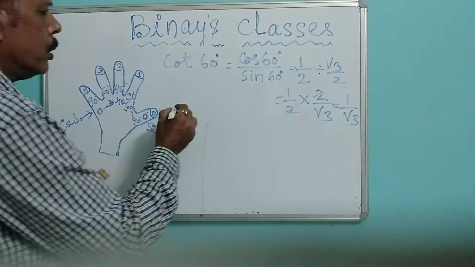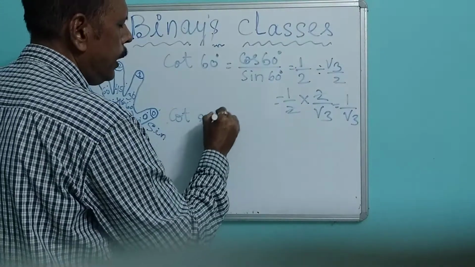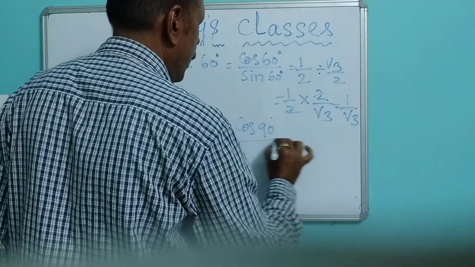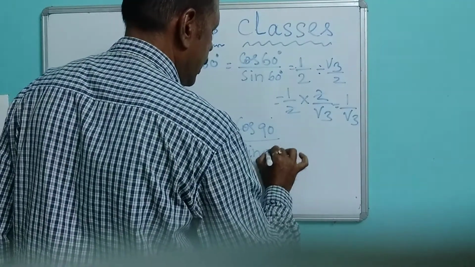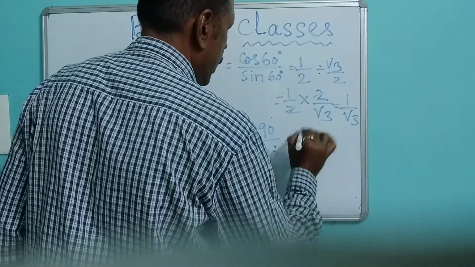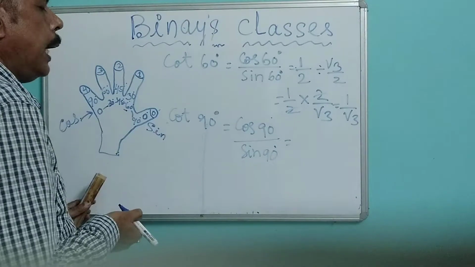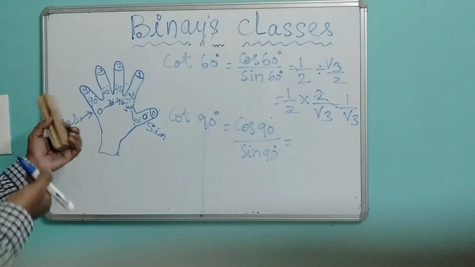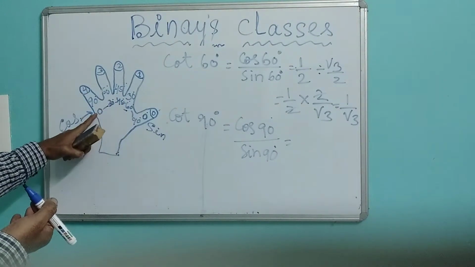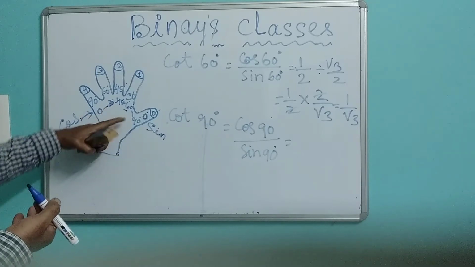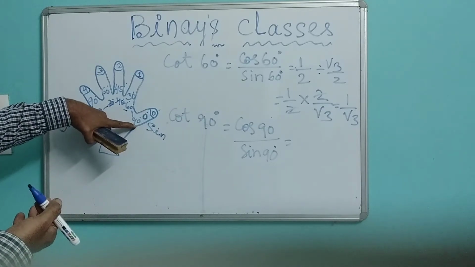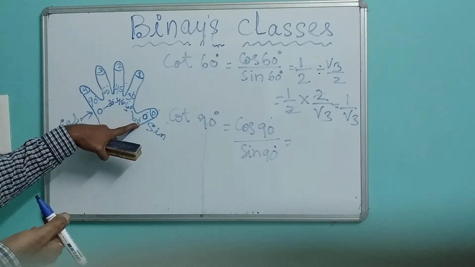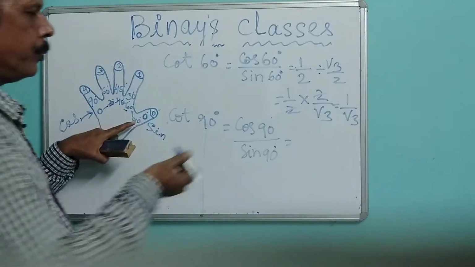Now comes cot 90 degree, that is cos 90 by sin 90. Cos 90 we have already calculated, and even if you have doubt, you can go for this formula. Cos 90 comes here, finger number 0, 0 by 4 root over, that is 0.